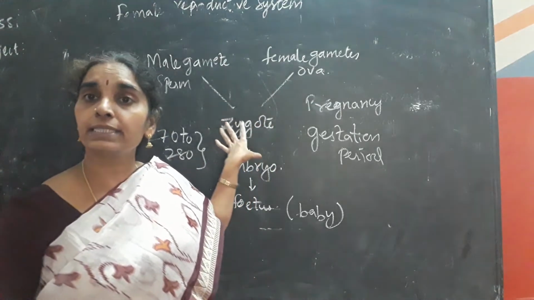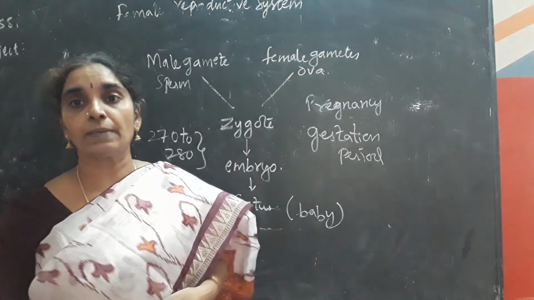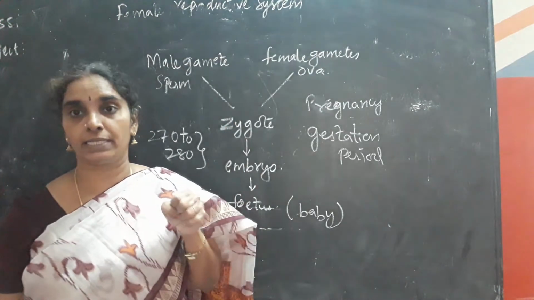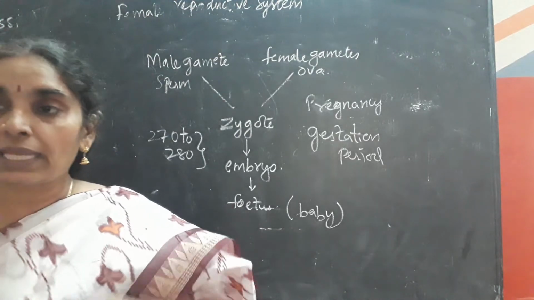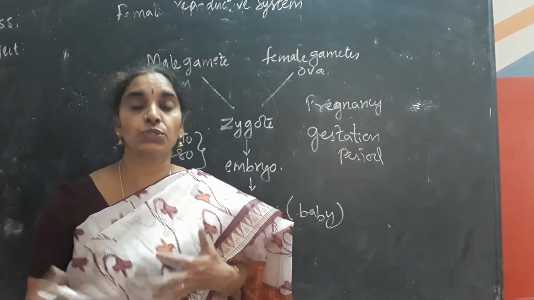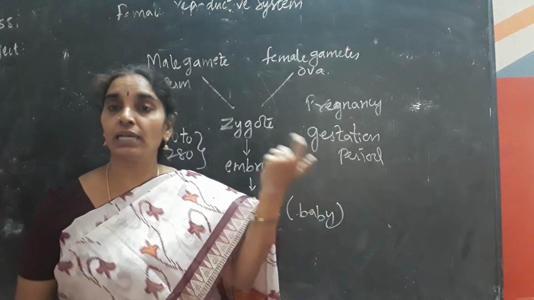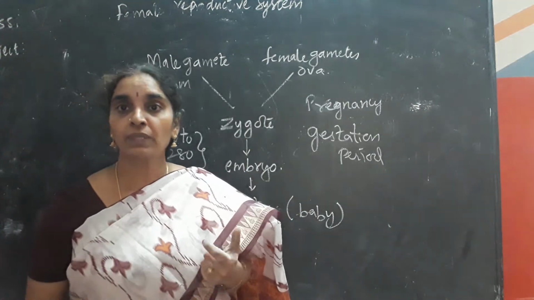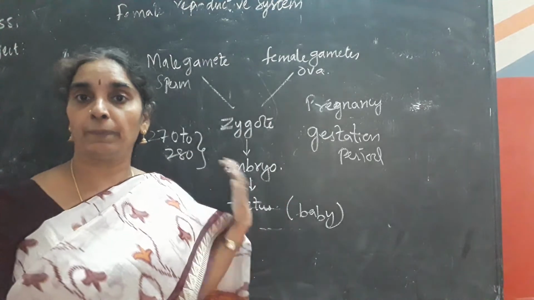What are the characteristics that the next generation receives from their parents? That is the resemblance of the offspring to their parents. It takes place in general. If you look at your classmates or yourself, you may often resemble your parents. It is due to the characters that you develop from your parents, the genes that are transferred from the parents.